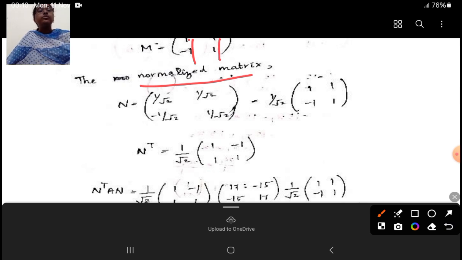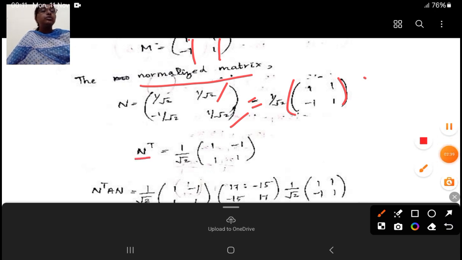So 1 divided by root 2, minus 1 by root 2, plus 1 by root 2, plus 1 by root 2. Here we can take 1 by root 2 as a common term. The remaining matrix is 1, minus 1, 1, 1. For this matrix we can write N transpose.